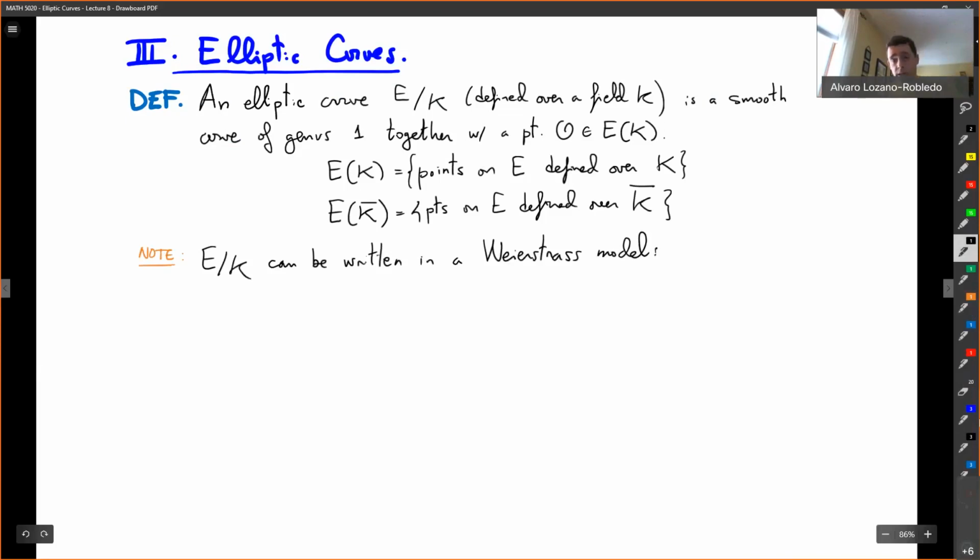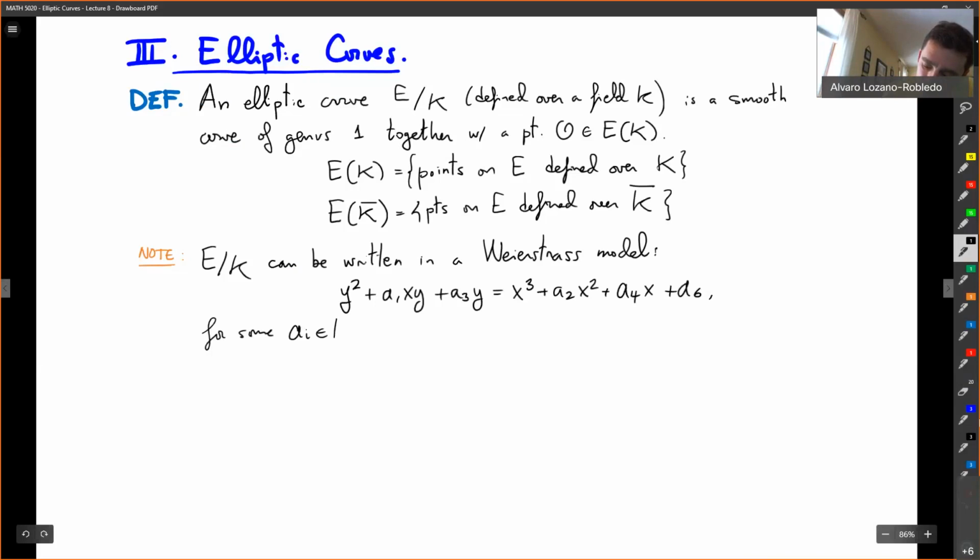By "can be written", I mean there is an isomorphism, in whatever format your curve E is given, to a model of this form: y squared plus a1xy plus a3y equals x cubed plus a2x squared plus a4x plus a6, for some ai in K. It can be given like this, but to have one of these models be an elliptic curve, we need a condition that makes it a smooth curve.